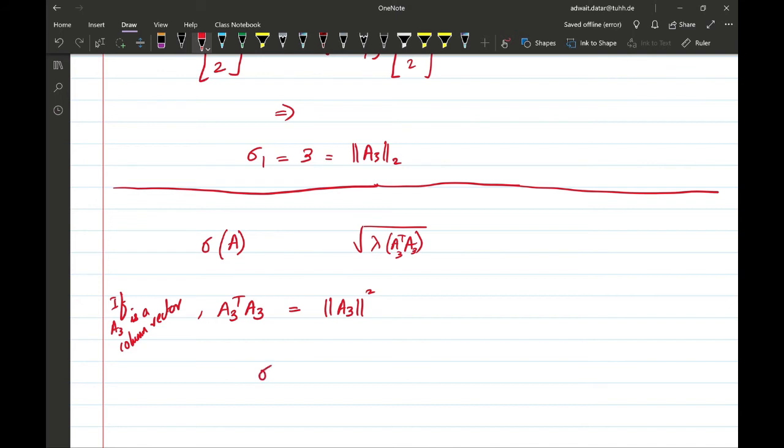So the singular value of A3 is nothing but the norm of A3.